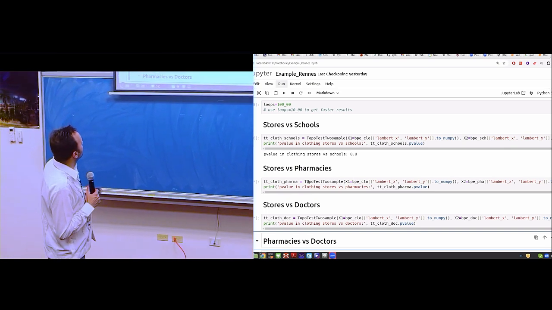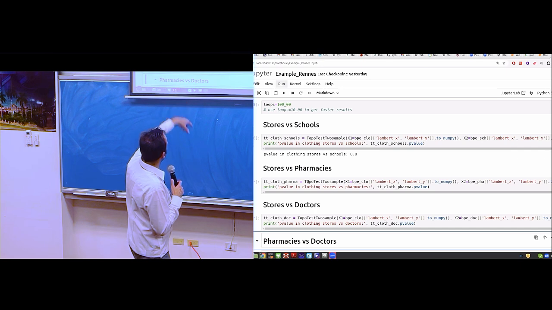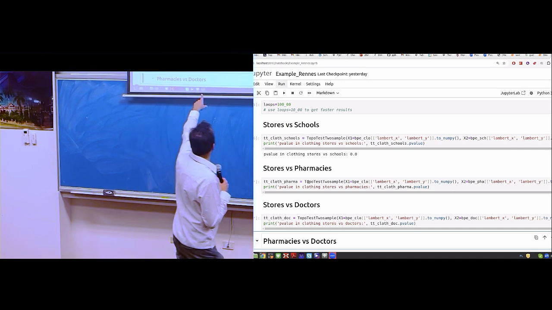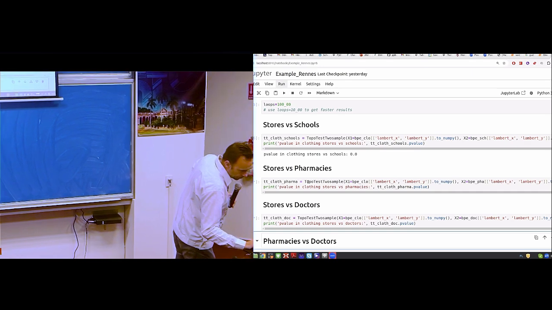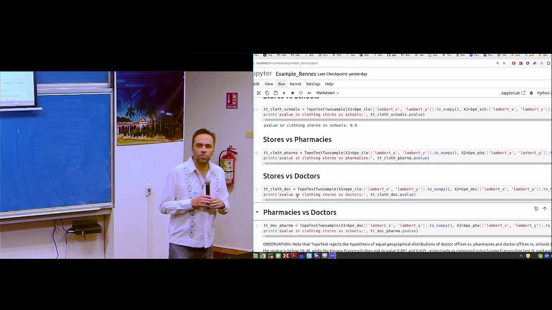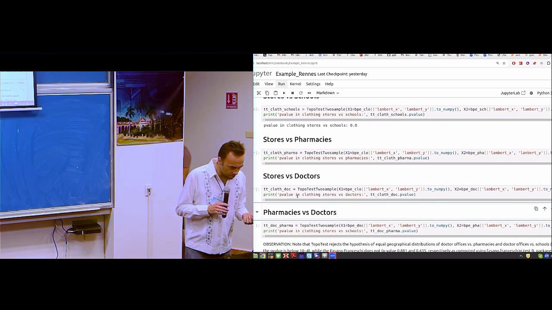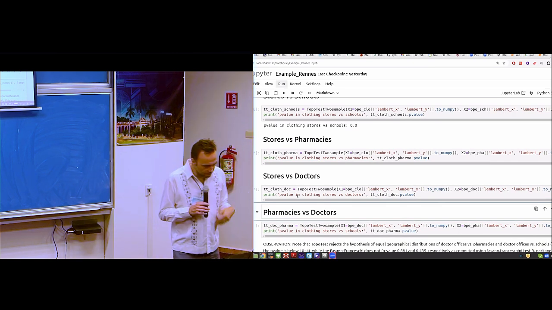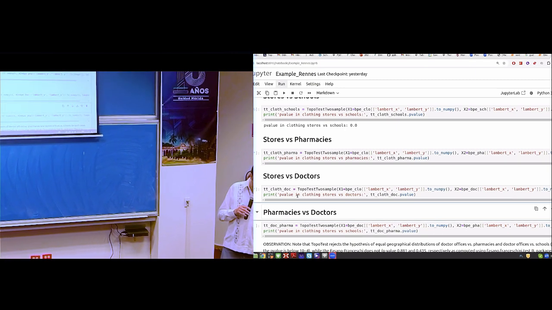Okay, so it didn't reject the first one. It is doing the computations of the next one, but one of them will be rejected. I think it was the stores versus medical doctors, or one of them. So we wait a little bit, and we may be able to see the results. Once again, in this case, the topo test does have an upper hand, so I will let it run. Normally it should take about a minute per distribution.